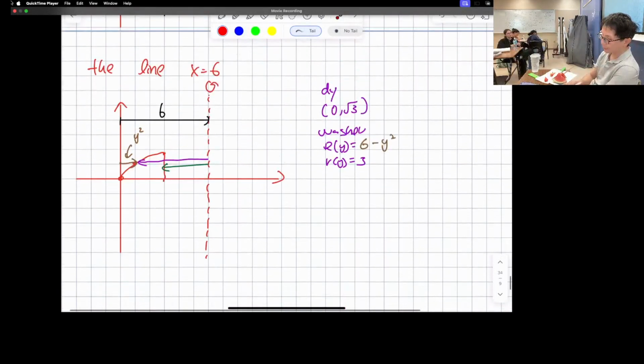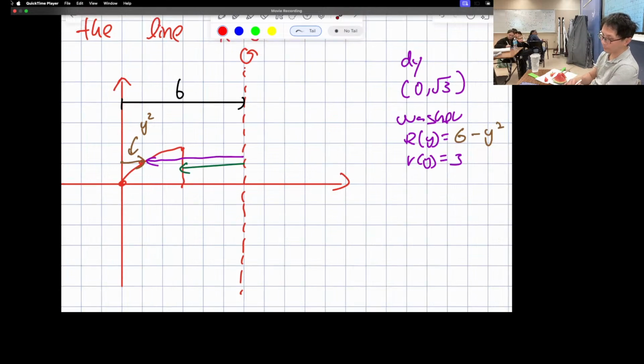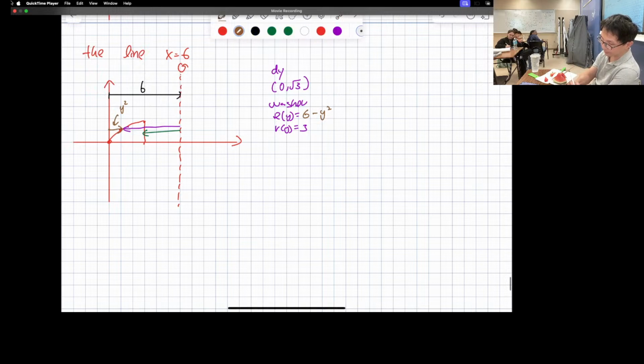That's why I write that down to show you guys. This is the distance from the y-axis to the function. You guys got it? Okay, let me give you another one. Let's see if you guys can handle it. Rotate around y equal to 7. Rotate around y equal to 7.